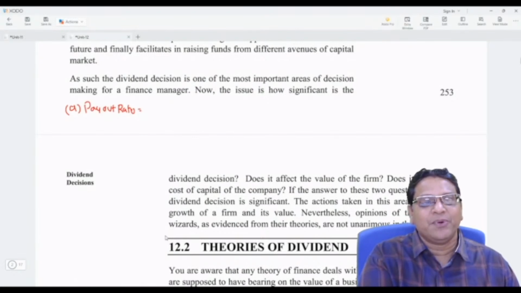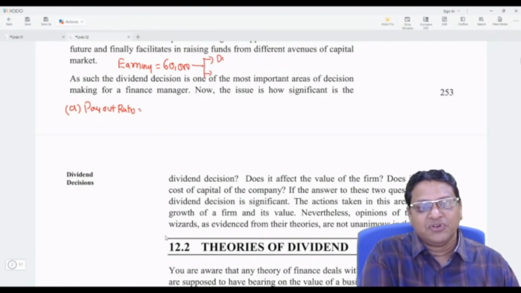Let's take an example. Suppose a business has earning of 60,000. Out of this 60,000, the business decides to give a dividend of 40,000 and it retains the earning of 20,000. So retained earning is 20,000.